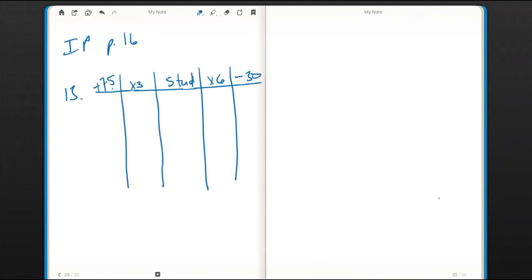So in the intensive practice book, I'm looking at page 16, there's problem number 13, and this problem is going to require a chart to solve, and so I just want to talk through that a little bit. This might even be a little bit different than I drew it on the recording, just because there's a few ways to do it, and so if this way works great for you, great.